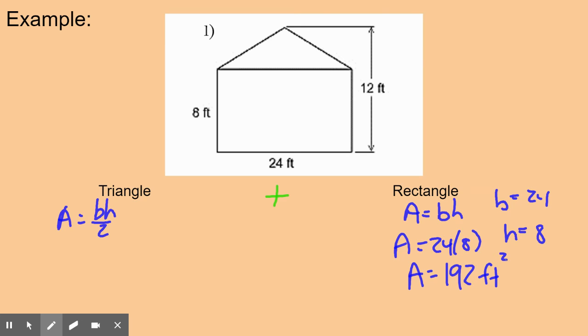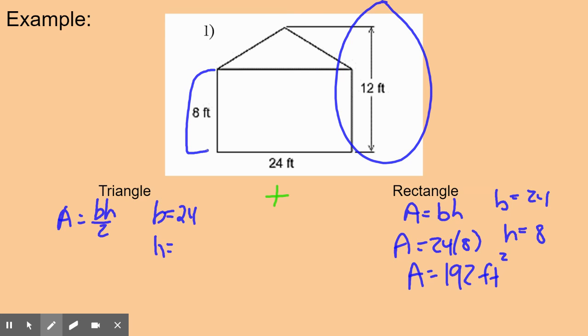Now the triangle is going to be a little trickier. So this is why I want y'all to write out everything you know. So we know our base is 24, but our height, this is what we're going to have to solve for as well. If I look, the whole figure is 12. That's not the height of the triangle. So if the height of this rectangle is 8, that means we're going to have to subtract 12 minus 8 to get 4. Now I can rewrite this.